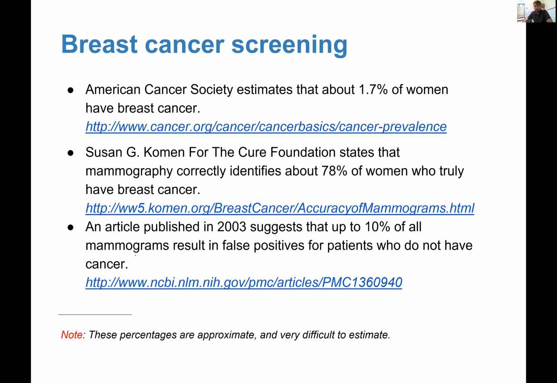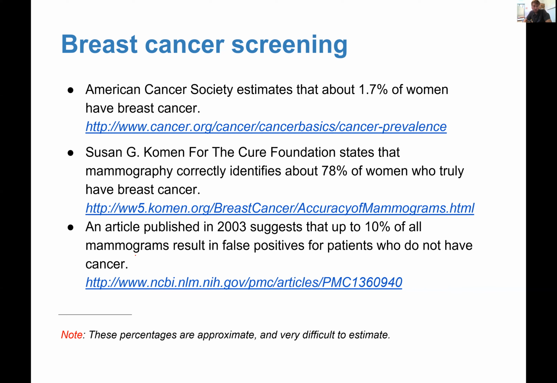Now, we're going to look at a situation involving breast cancer screening. The American Cancer Society estimates that about 1.7% of women have breast cancer. The Susan G. Komen for the Cure Foundation states that mammography correctly identifies about 78% of women who truly have breast cancer.